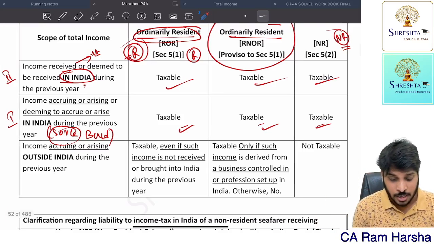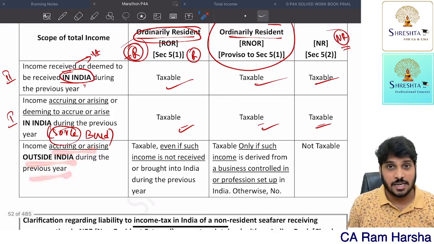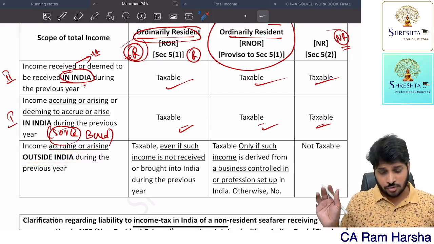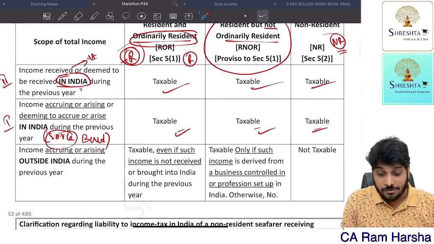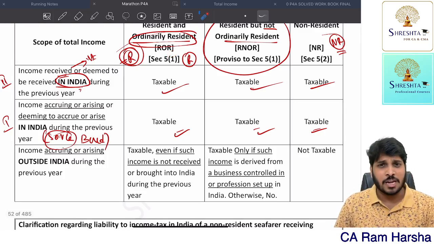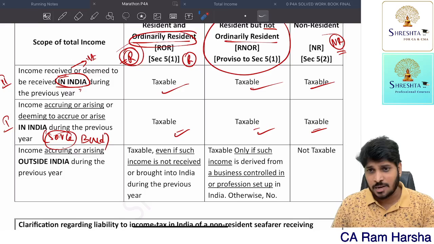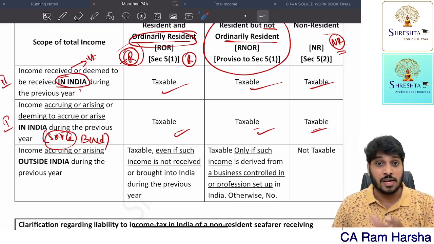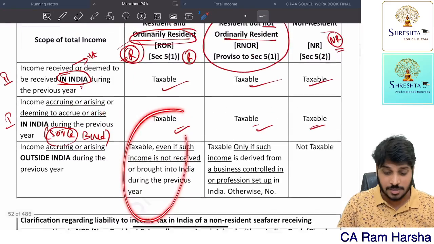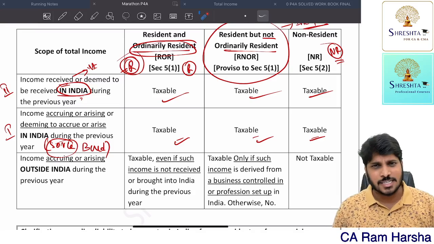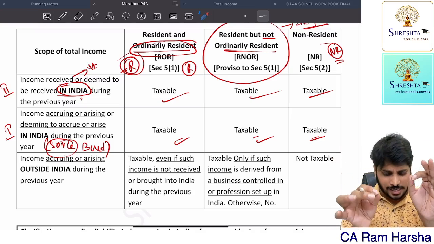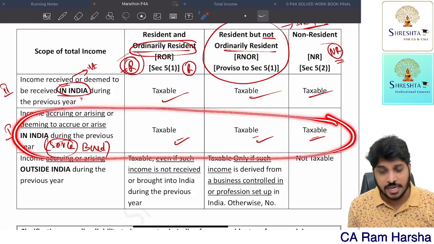Global income is taxable, even if that income is not received in India. For a resident company, a resident partnership firm, a resident LLP, a resident and ordinarily resident individual and HUF, global income is taxable.